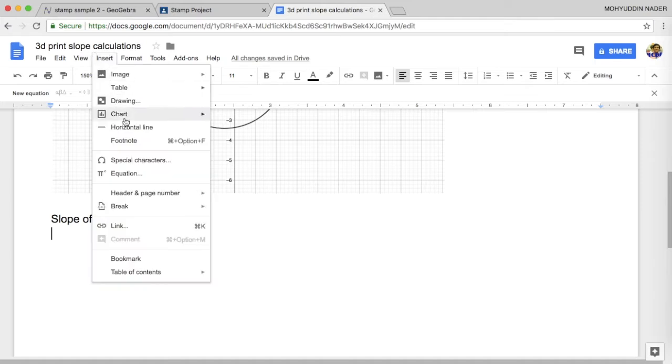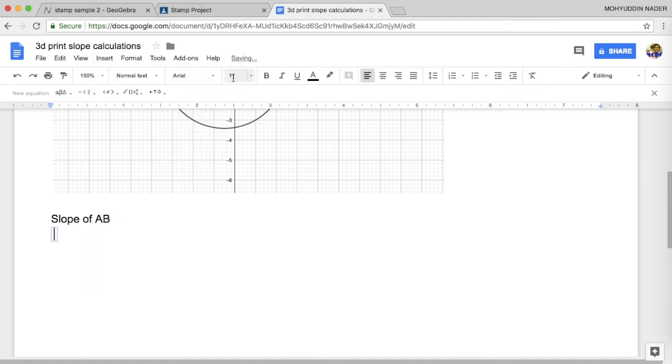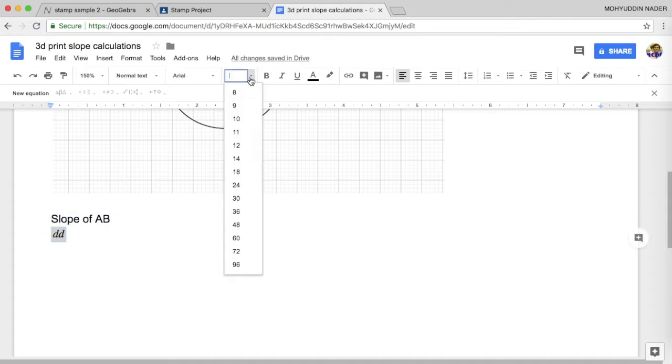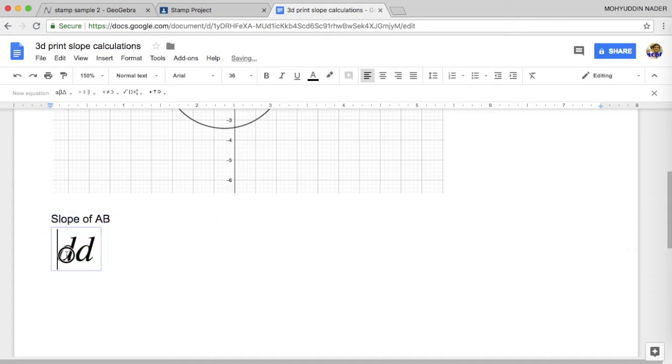So I'm going to hit Insert, Equation. I just found out the font is really small, so I'm going to make that bigger. There we go. So I'm going to turn this to a fraction.